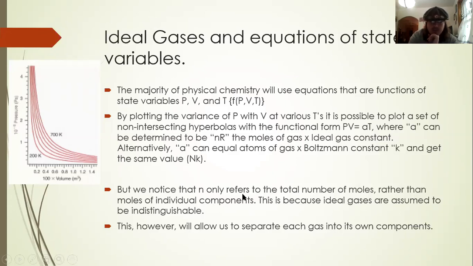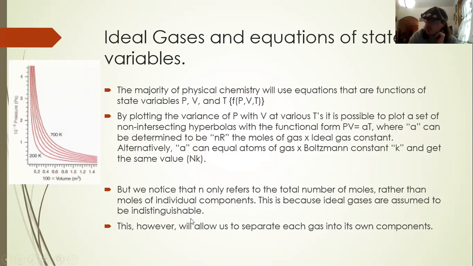But we notice that n only refers to the total number of moles rather than the moles of individual components, because this ideal gas makes two key assumptions. First, each gas is identical. We assume each gas to be indistinguishable regardless of what they are.